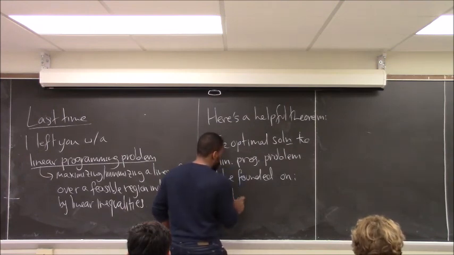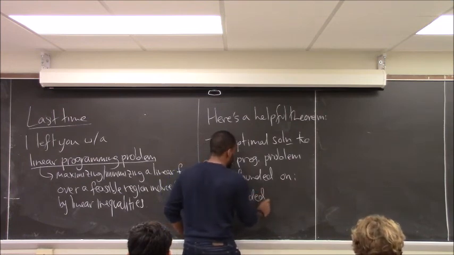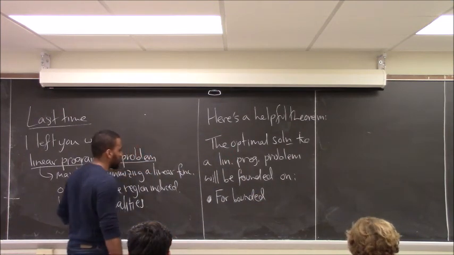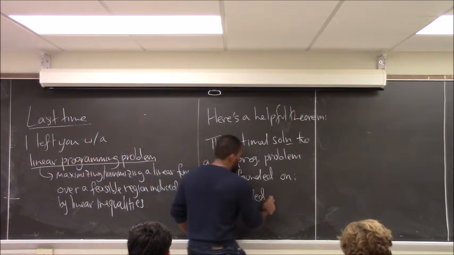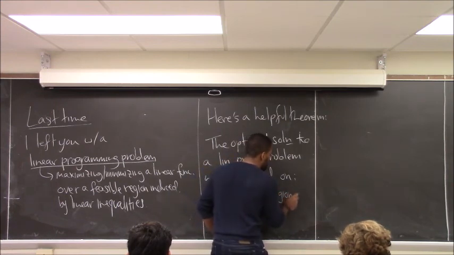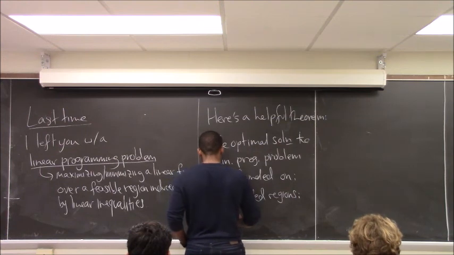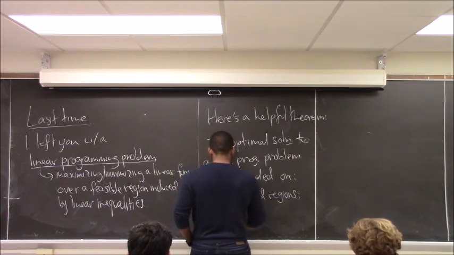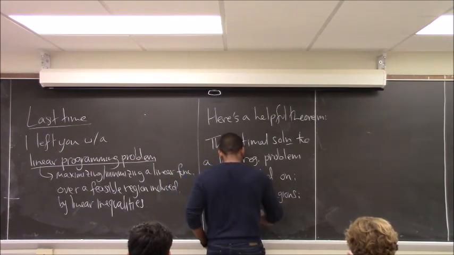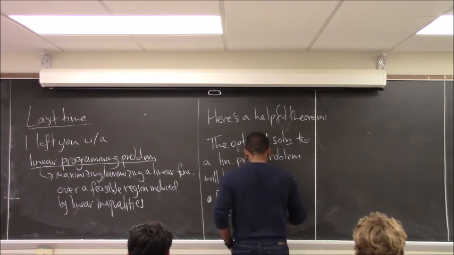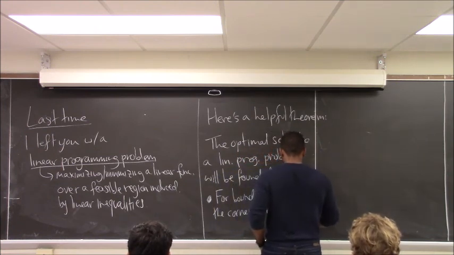For bounded regions, so remember that's just a region that you can fully enclose in some circle of finite radius, you can find it on the corner points or an edge.